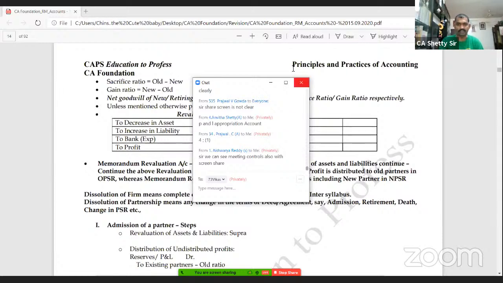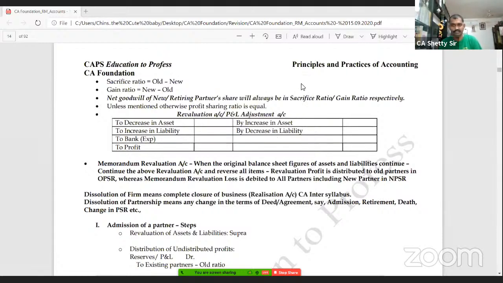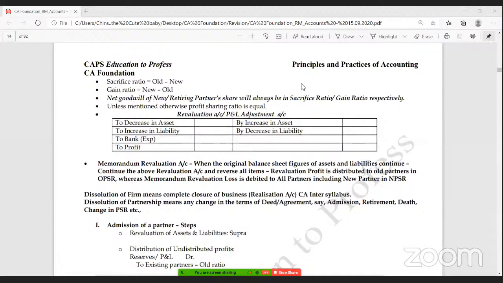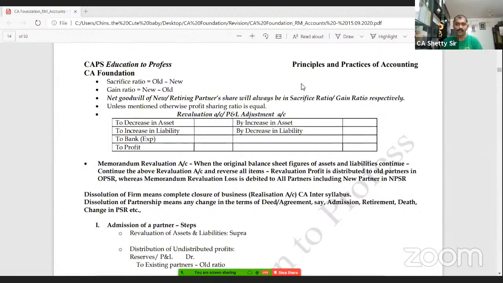In that case, what should you do? Memorandum: we don't want to change the original figures. Goodwill and revaluation will be adjusted, but asset value should not be changed. So type: memorandum revaluation account.